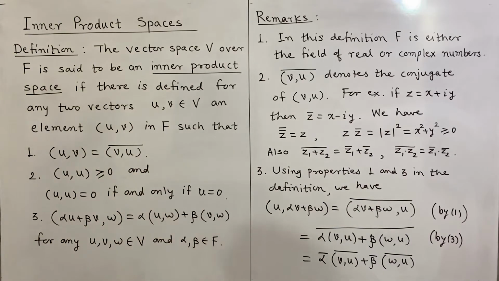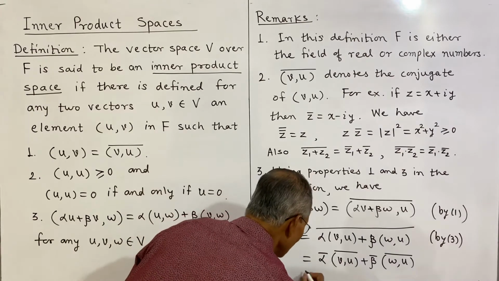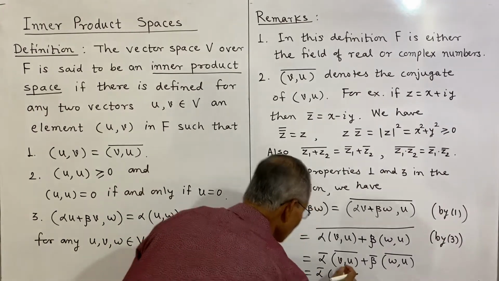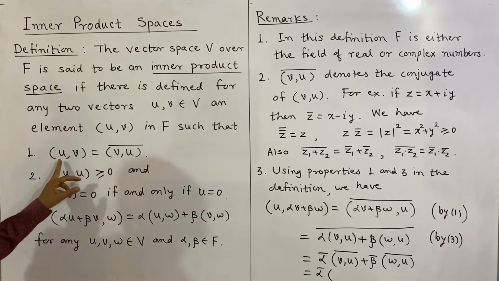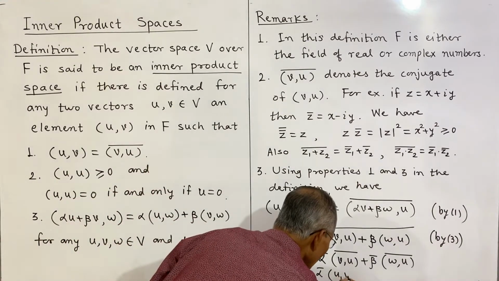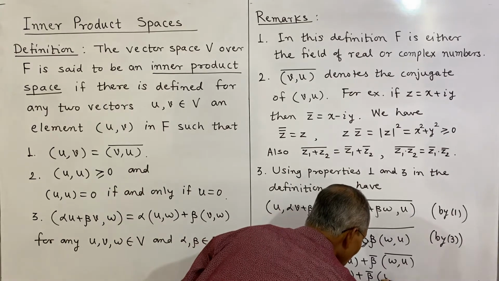And now we again use the first property here, and that will be alpha bar, and the conjugate of inner product of v and u is inner product of u and v. So this will be inner product of u and v plus beta bar, and this is inner product of u and w.